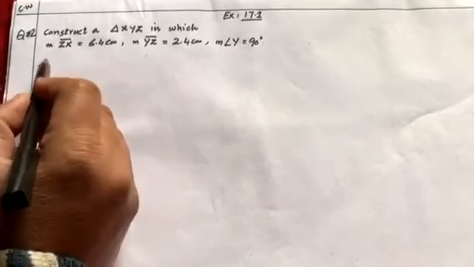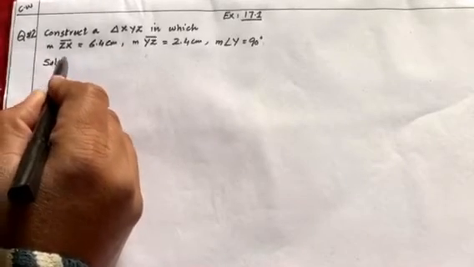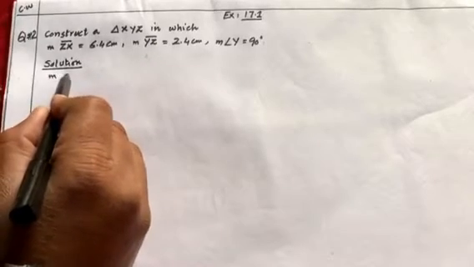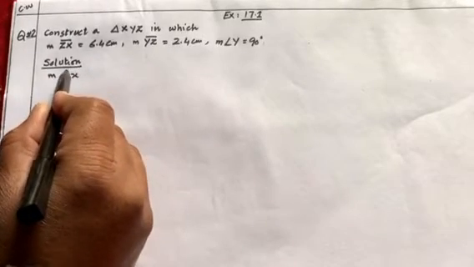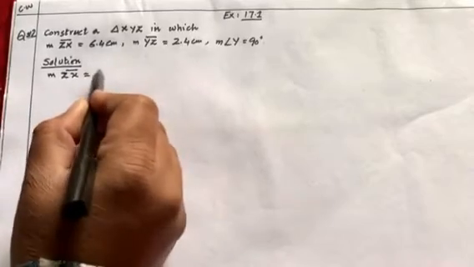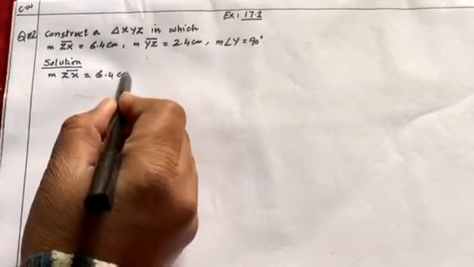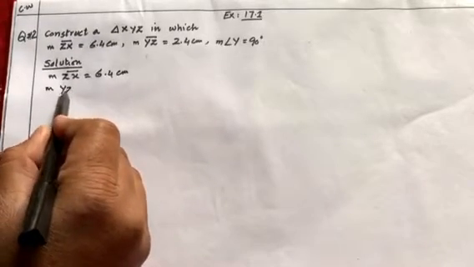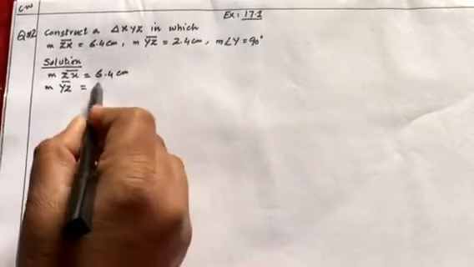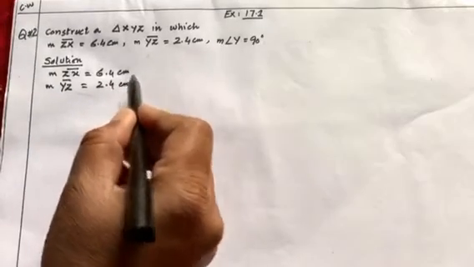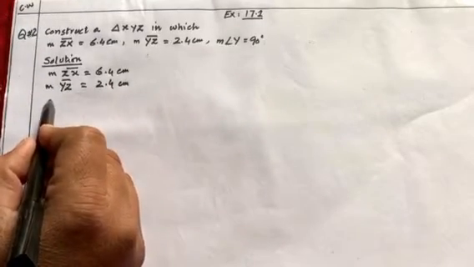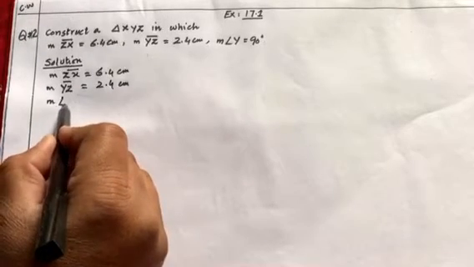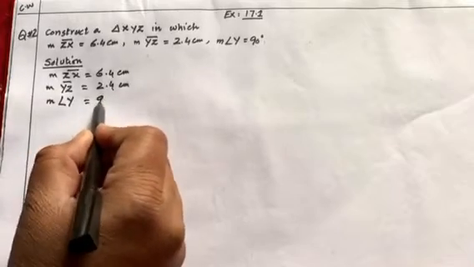So in the solution, we will write the given. The measurement of side ZX is given, which is 6.4 centimeter, and the second side, the measurement of YZ, is also given, which is 2.4 centimeter, and the measurement of angle Y is also given, which is 90 degrees.